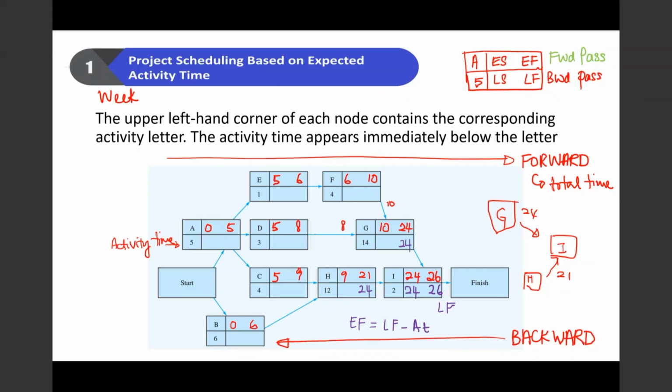Okay, let's go with activity H first. Sorry, activity H requires 12 weeks. So 24 minus 12, this will give you 12.